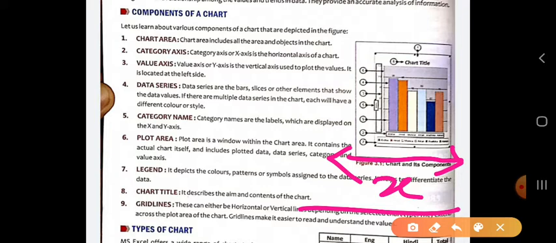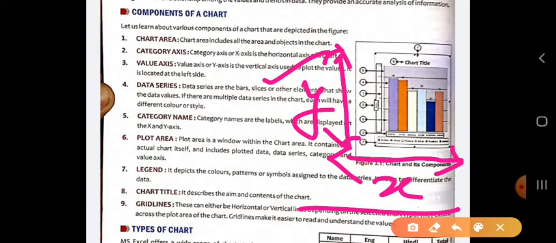Category axis or x-axis is the horizontal axis of a chart. And if we talk about the value axis, that means I am talking about this one, and it is denoted with y. Value axis or y-axis is the vertical axis used to plot the value, which is located on the left side. This is my left side.